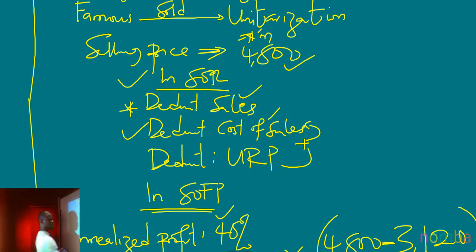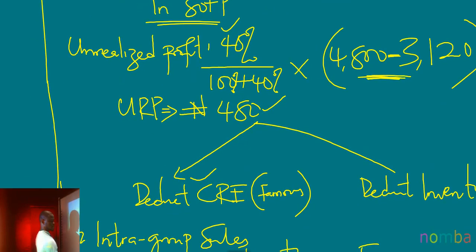Then, we said the unrealized profits will also be added to the cost of sales, and we determined the unrealized profits here as 480. So we're going to add the unrealized profits of 480 to the cost of sales. Then I'll be left with 43,080. So 43,080 is what I will transfer to the consolidated statement of profit or loss.